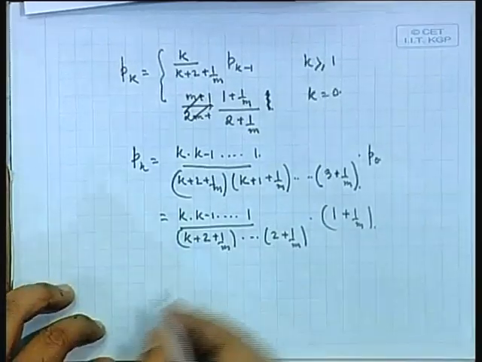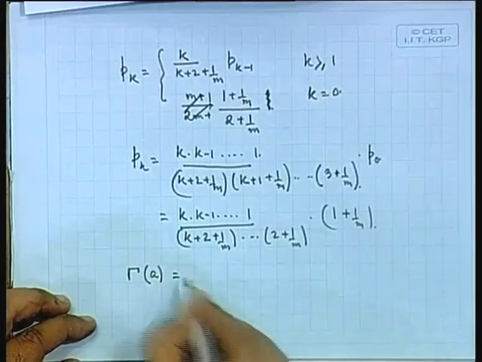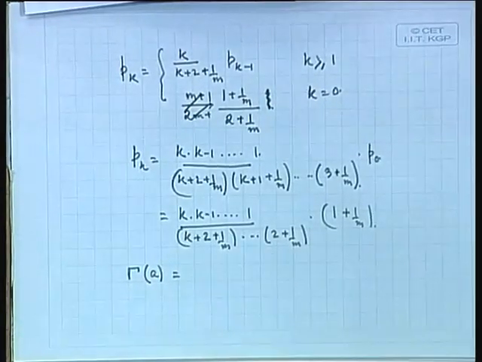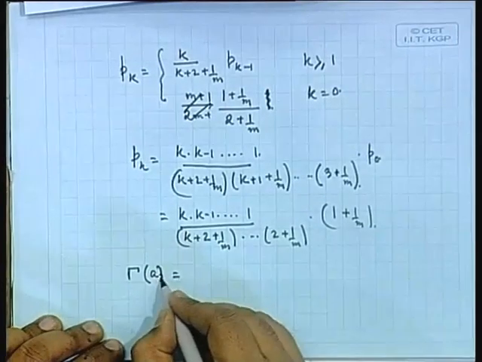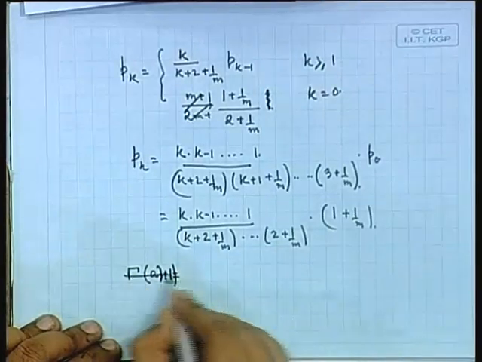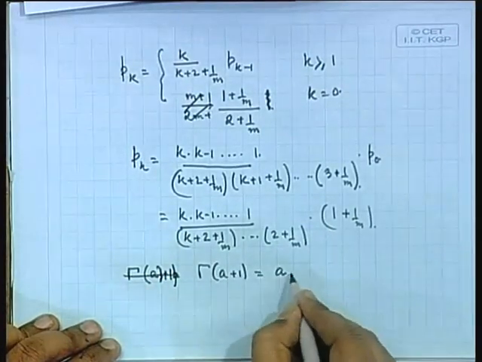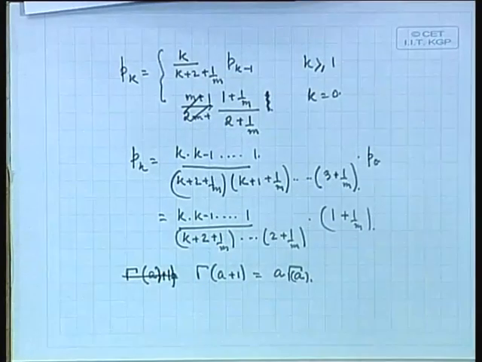Okay. So now you know what this gamma function is. What is gamma A plus 1? Gamma A plus 1 is A into gamma A.